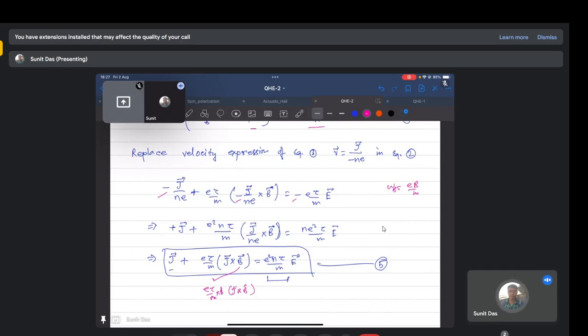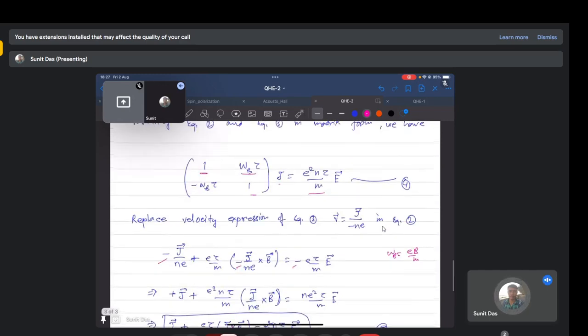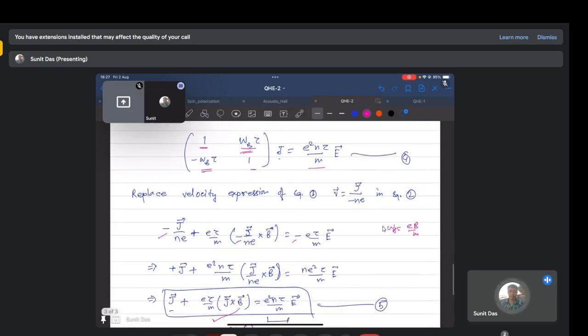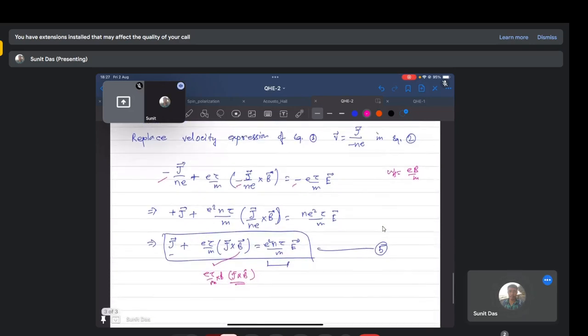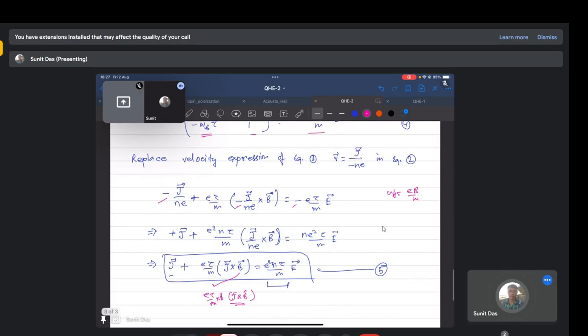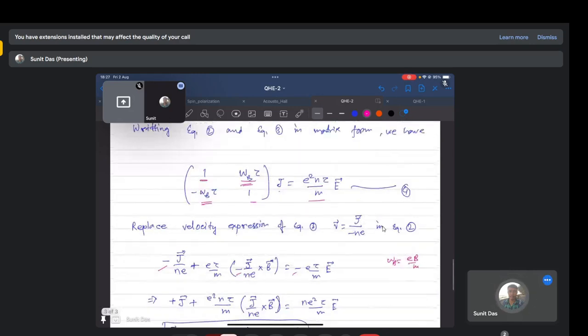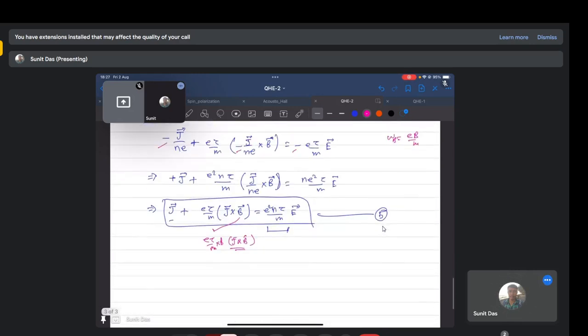From this term, these two off diagonal terms are coming. One is positive and another is negative, because j cross b and b cross j are just negative of each other. So from equation 5 you can directly get equation 4.